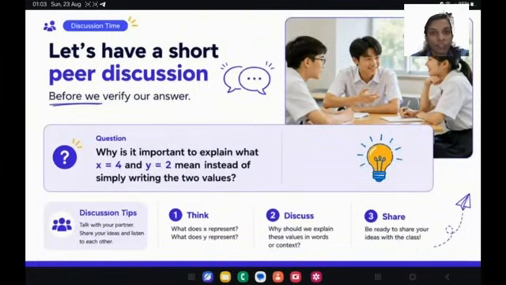Okay, let's have a short peer discussion before we verify our answer. Imagine you are discussing the problem with a partner. I want to discuss this question: why is it important to explain x equals 4 and y equals 2, instead of simply writing the two values?